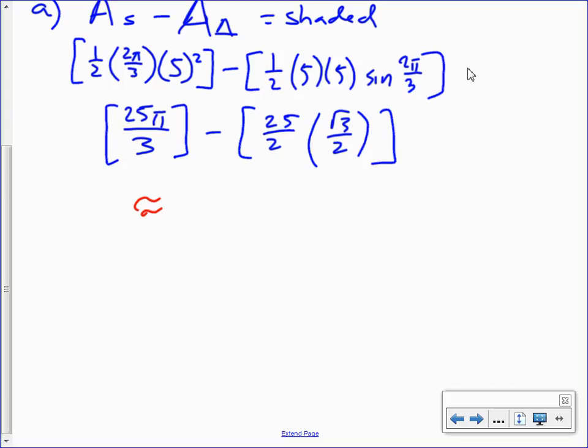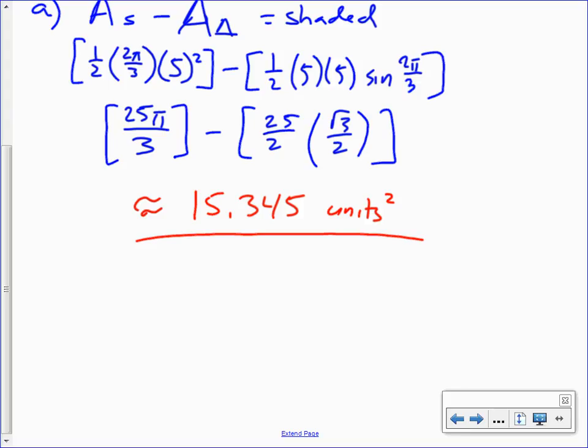Do you have it? There it is. 15.345 units squared for A. Is good? Okay. Last one, find the perimeter.